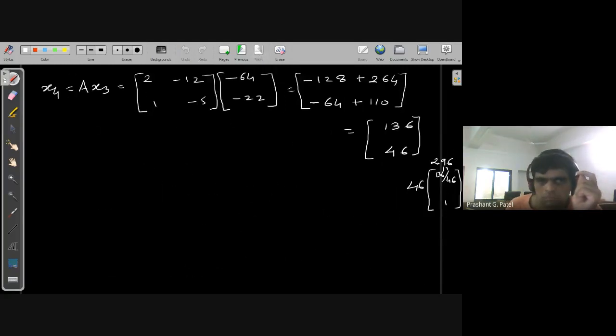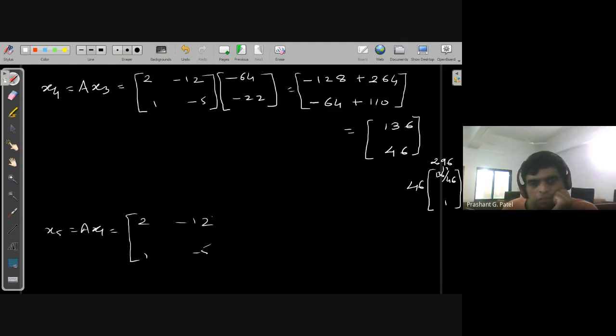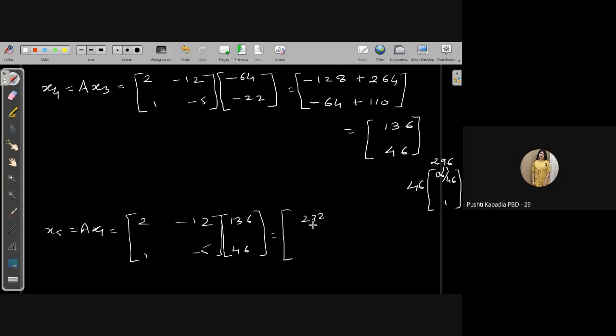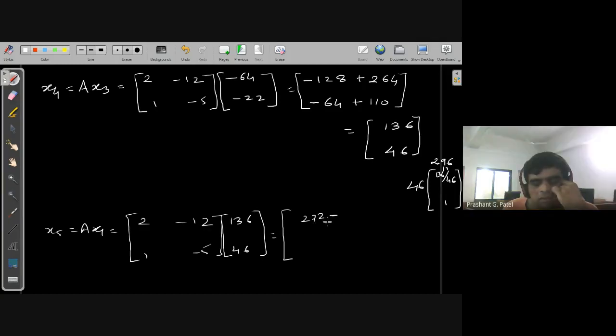You just observe. Now let's calculate x5, that is A x4, which gives me the matrix 2 minus 12, 1 minus 5, times the vector 136, 46. If you simplify this, 2 into 136 is 272, minus 12 into 46, which is 552.